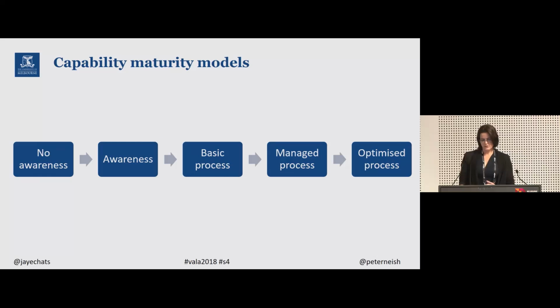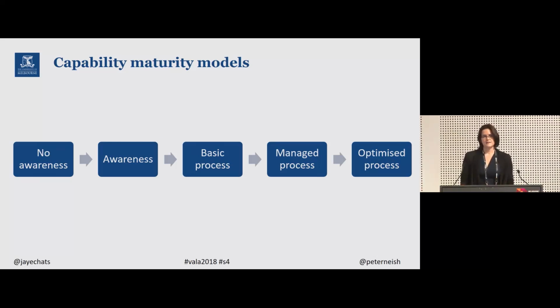The stepped approach of capability maturity models, from no awareness whatsoever, all the way through to fully optimized processes, can be really useful for building business cases for digital preservation, because each level clearly shows what gaps exist, and they highlight the risks of not implementing better processes.